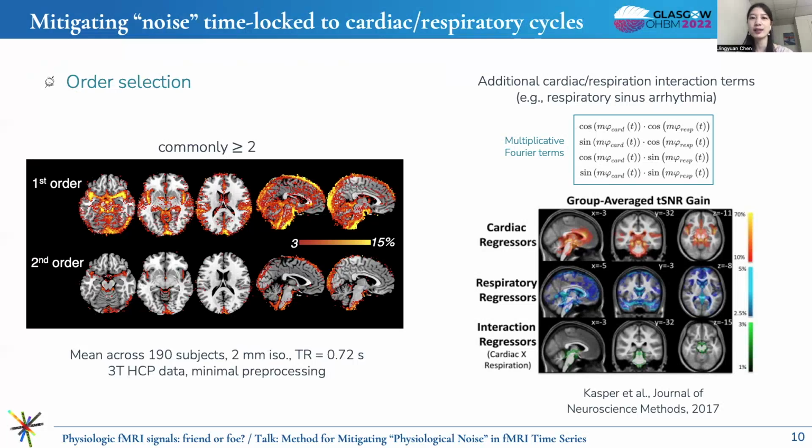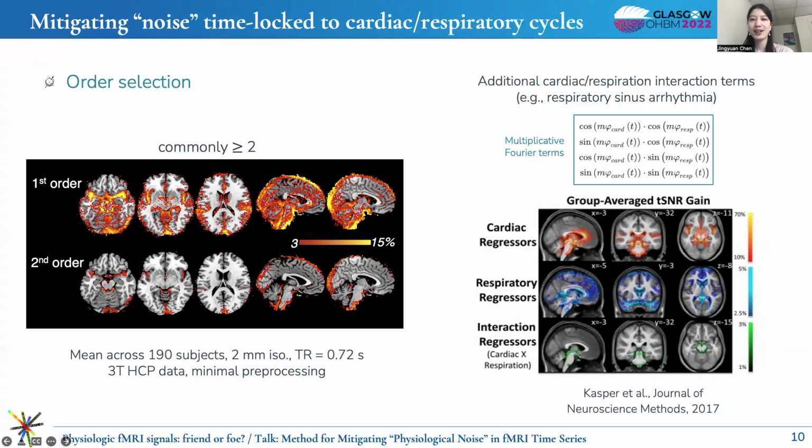This is typically realized by adding a multiplicative term of the respiratory series and the cardiac series. And here it shows an example where the interaction term accounts for additional variance in the velocity of brainstem.